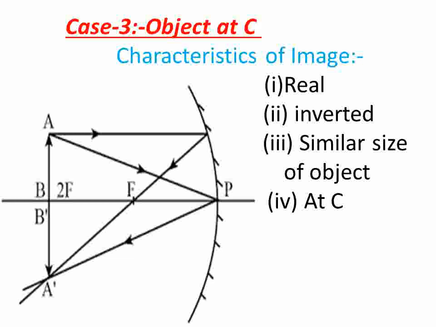Then there is a second ray falling on the mirror at point P, where angle of incidence I is equal to angle of reflection R, and it intersects at A'.